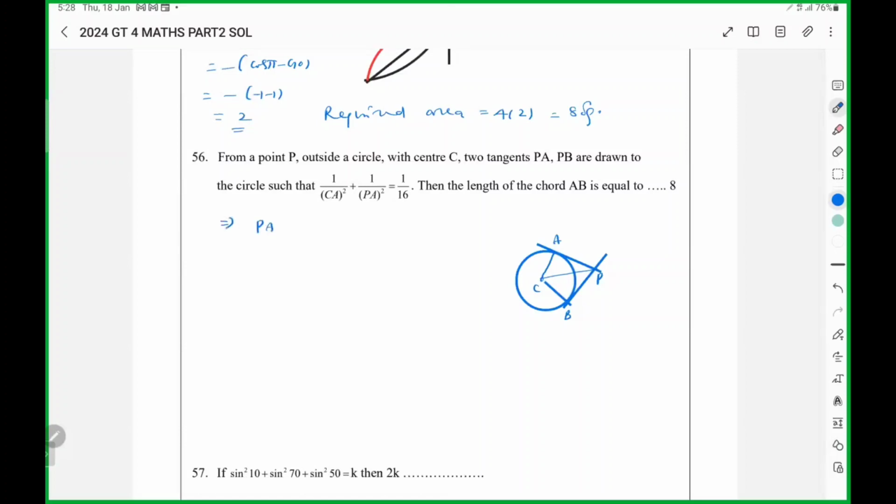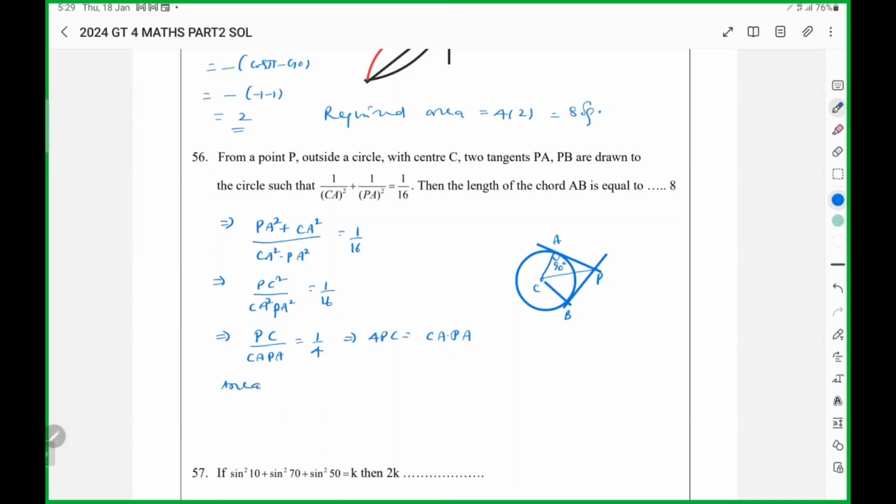From this relation, PA square plus CA square by PA square plus CA square is PC by 4PC is, here is 90 degrees.